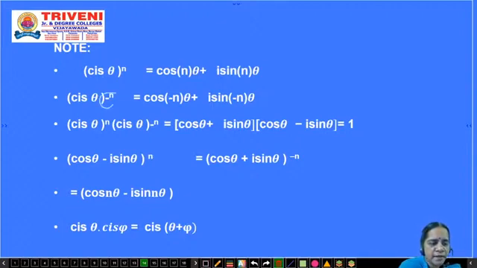Cis means C is cos, i is i, S is sin. Suppose minus n is there: cos of minus n theta plus i sin of minus n theta.